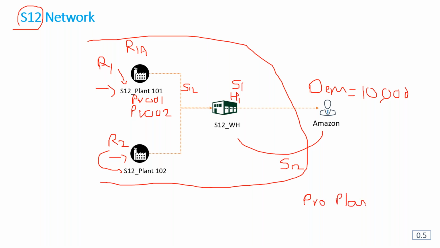The first output is how much production has to happen so that I can supply 10,000 units of the product S12 to the customer Amazon.